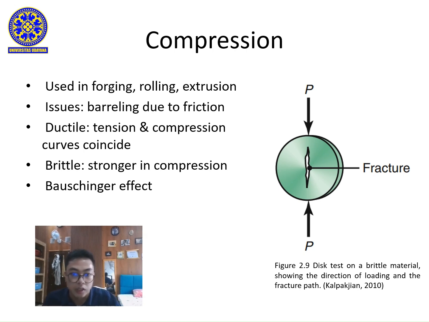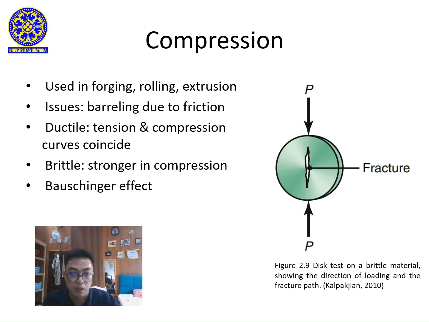Compression. Compression tests simulate many manufacturing processes such as forging, rolling, and extrusion. Ductile metals show similar behavior in tension and compression, but brittle materials are usually stronger in compression.